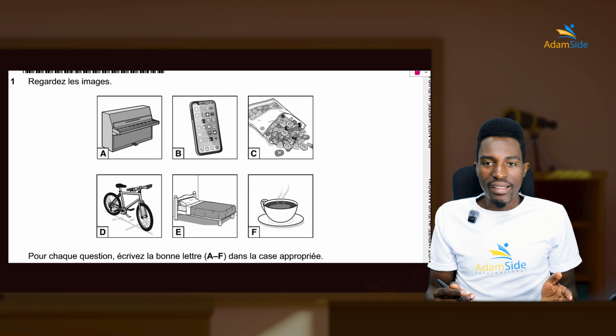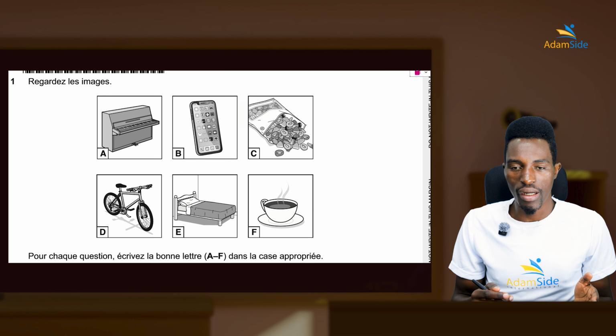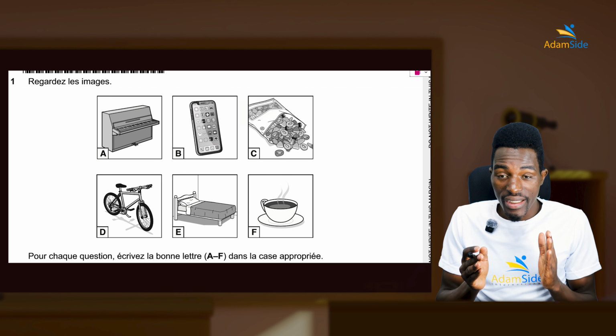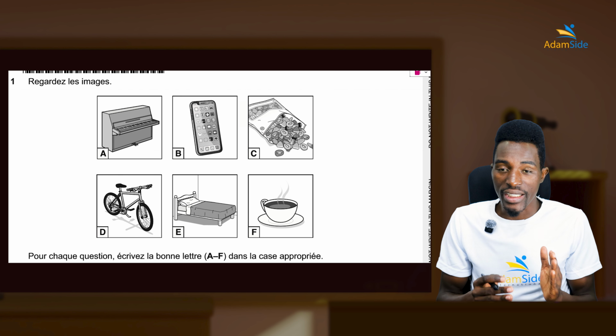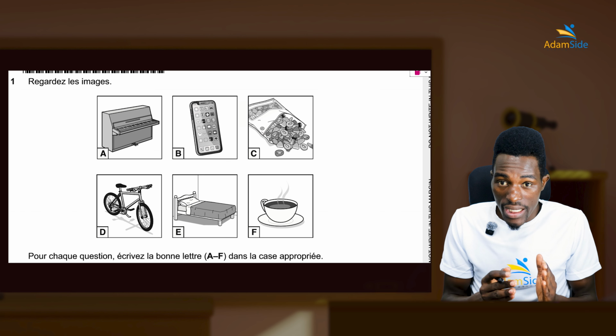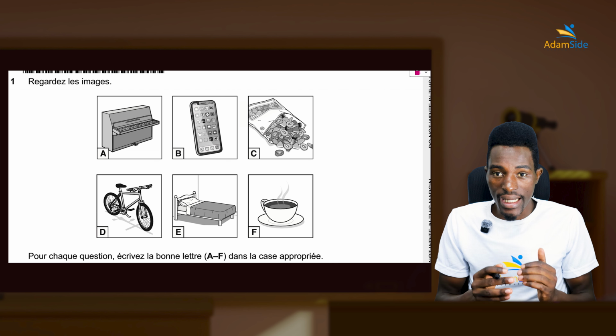Now, this is the first question in the French reading paper. This question tests understanding of vocabulary. It just needs you to match pictures and sentences.